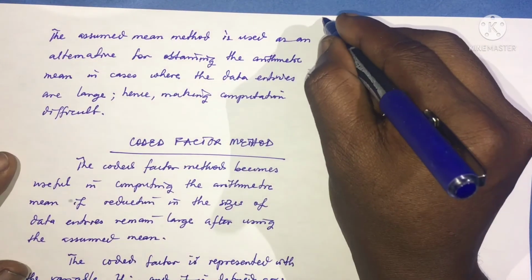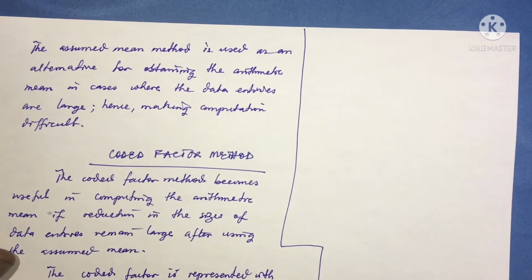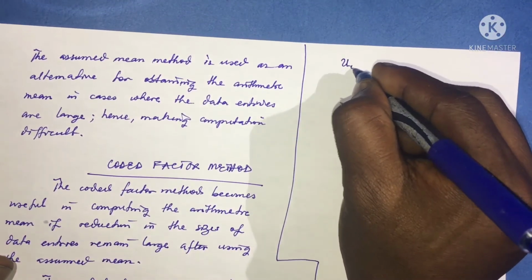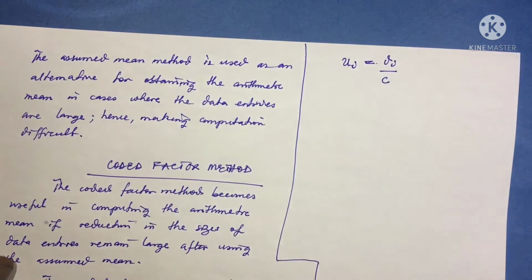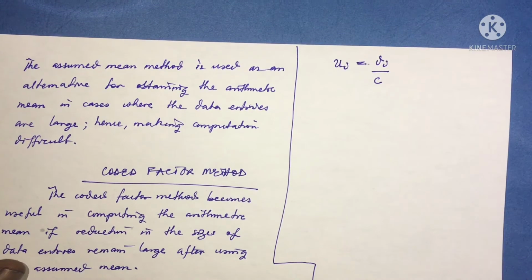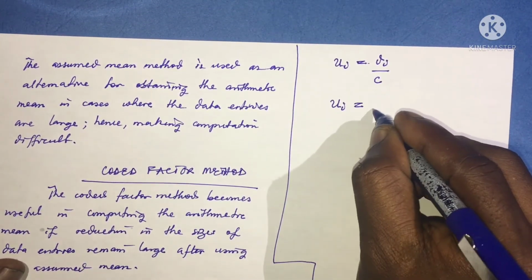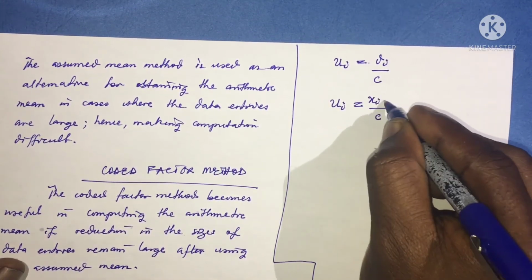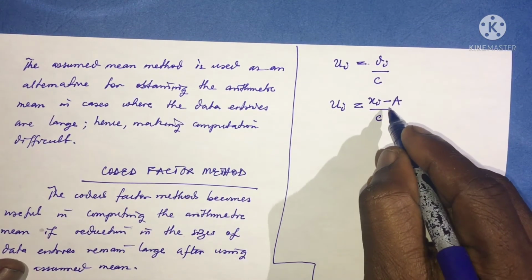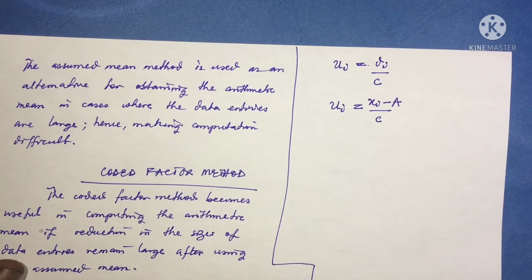Okay, so let us now go straight into the development. It all begins with ui equals di over c. Okay, now what was our di? Remember, our di was the same as xi minus a. So I'm using xi minus a to represent our di as we defined it earlier during our discussion on assumed mean method.